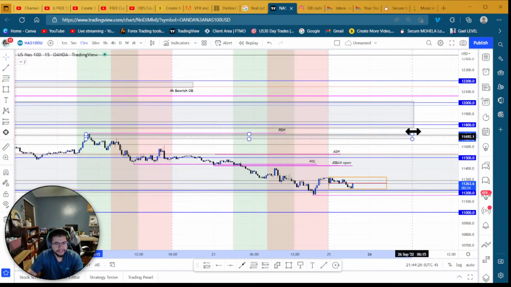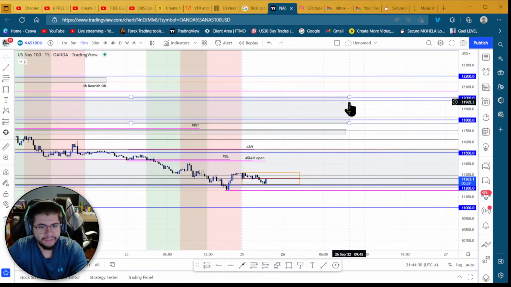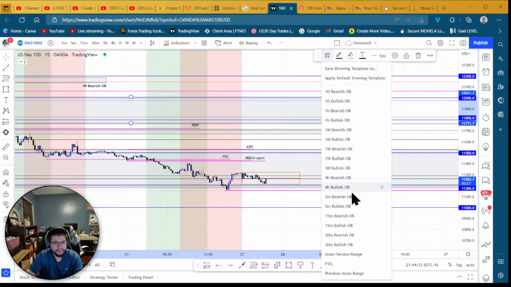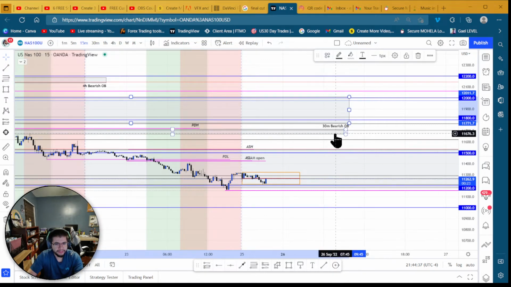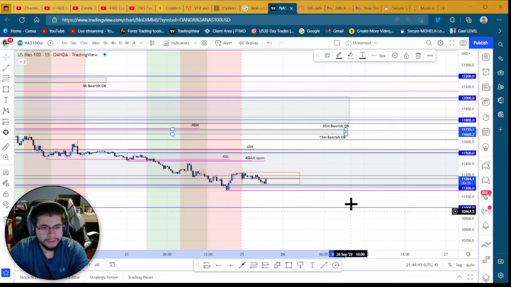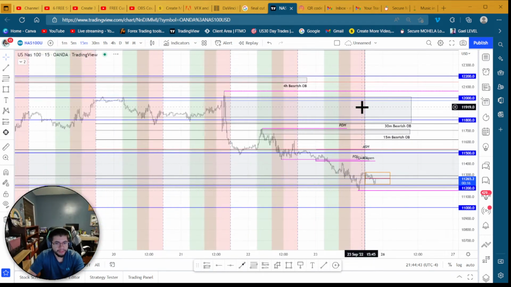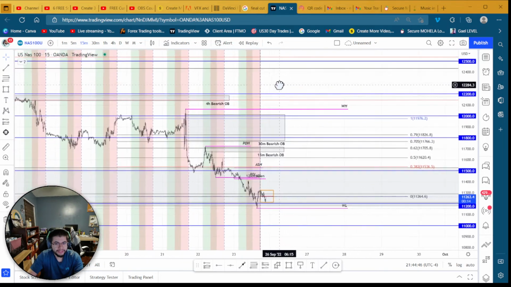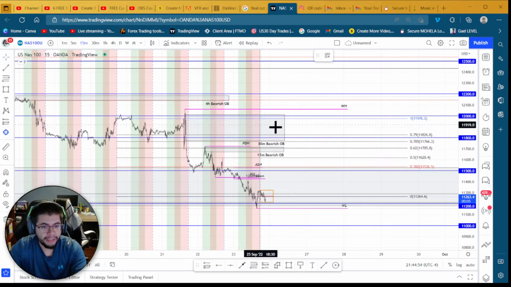We'll go like this. We'll call this a 30-minute bearish order block, and this one's a 15-minute, which is essentially closer to price. And we'll do our fib level, and we see that the 70 to 79% and the big figure level 800 is right here. So this is going to be a good area to short right there.